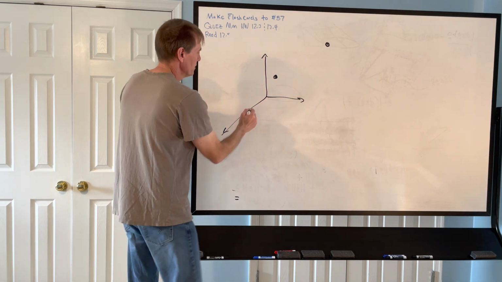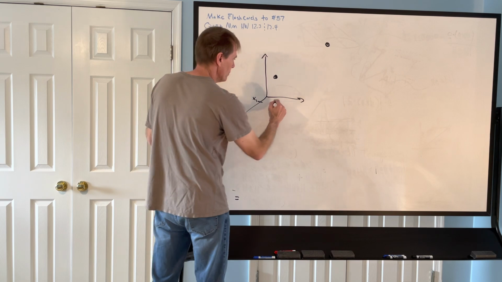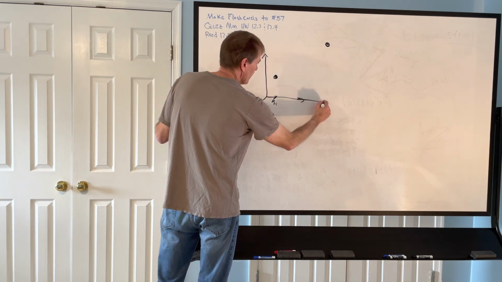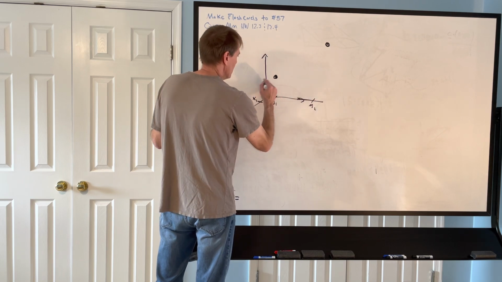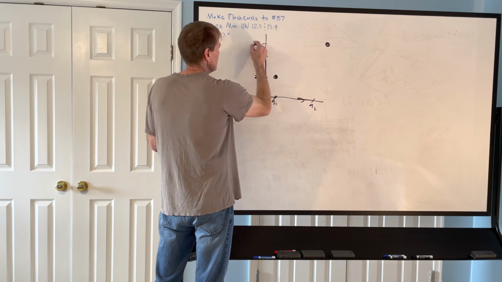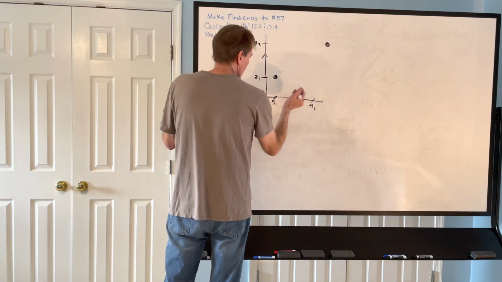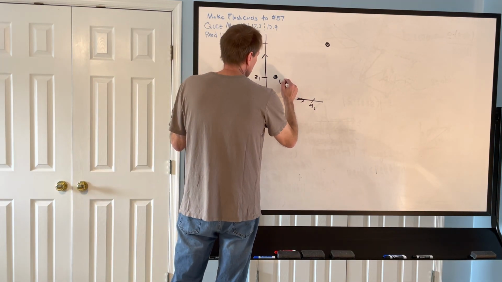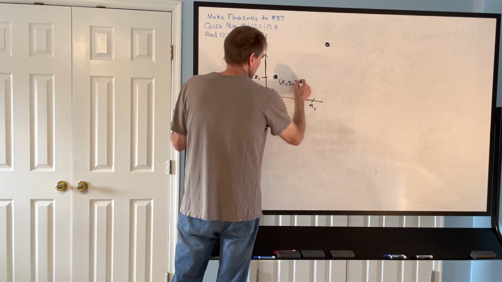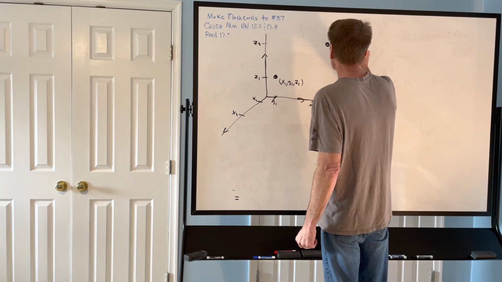So I'm coming out some distance x1, coming out some distance x2, coming out some distance y1, y2, going up some distance z1, going up some distance z2, just like what we were doing before. Then this would have the coordinates x1, y1, z1, and this would have the coordinates x2, y2, z2.